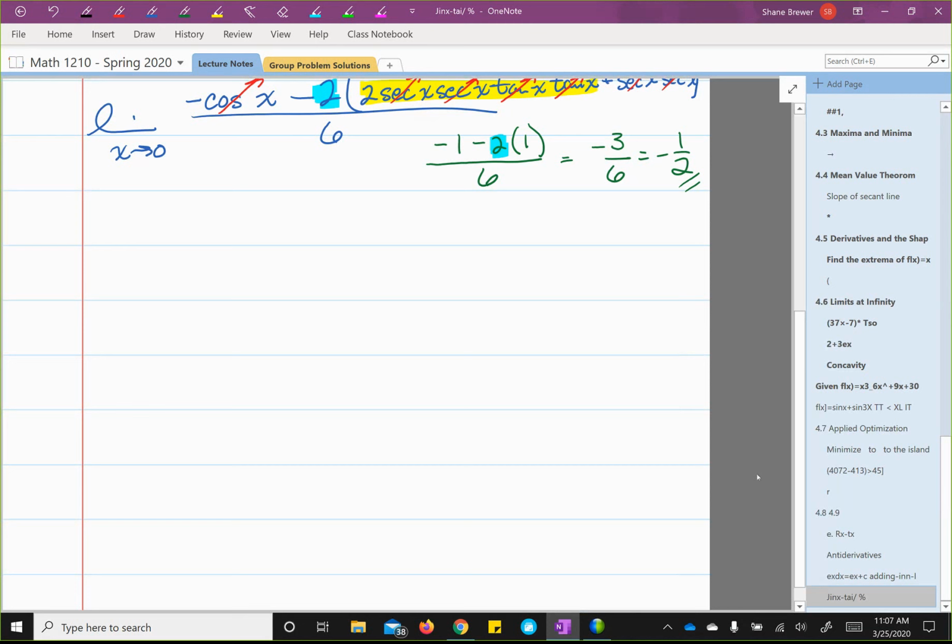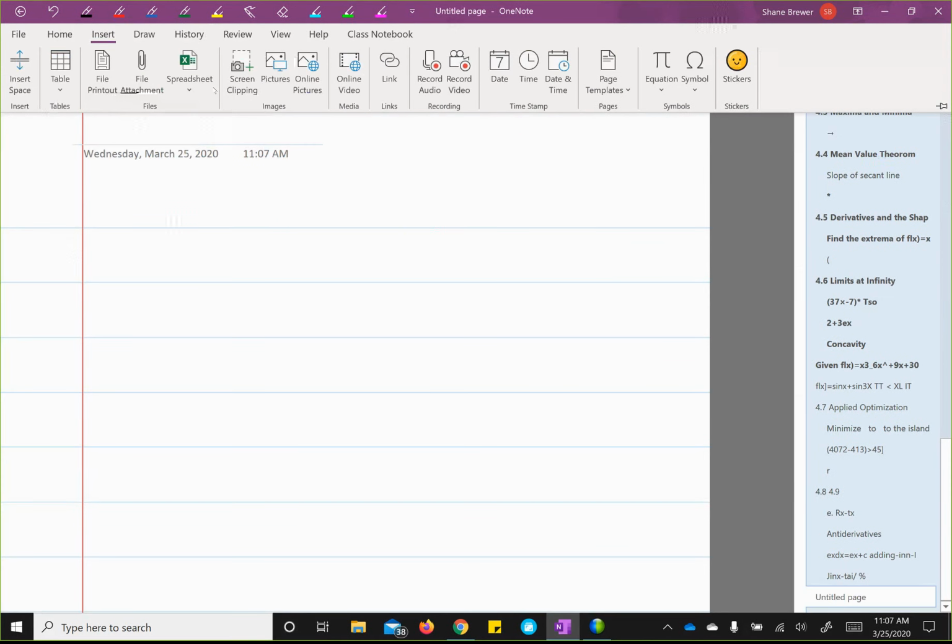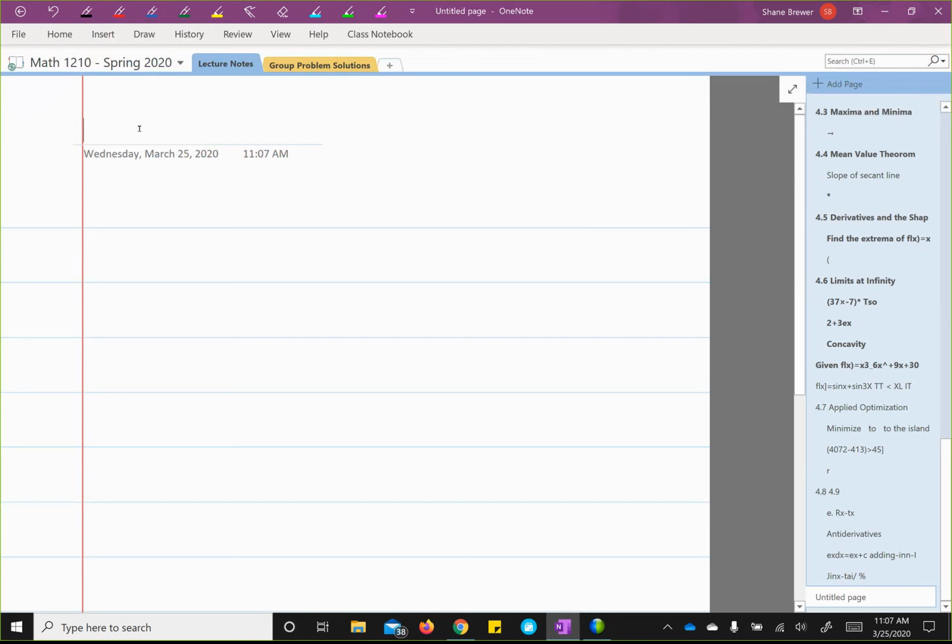In fact, the only rule you have for antiderivatives right now is the power rule. Other than just taking antiderivatives of cosine and sine, which you've just memorized.